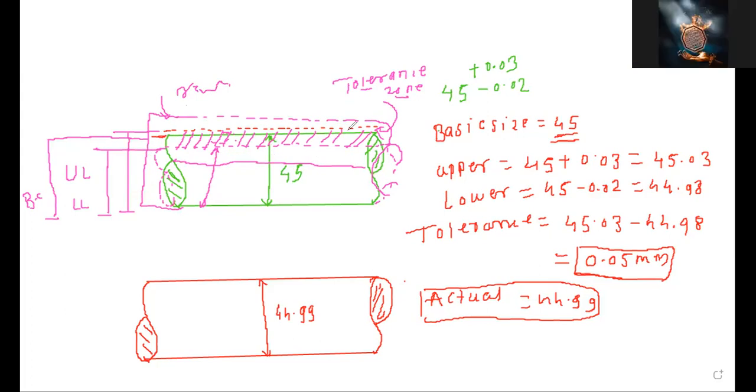Okay. So we'll take the next point. It is very important. Deviation. What is meant by the deviation?